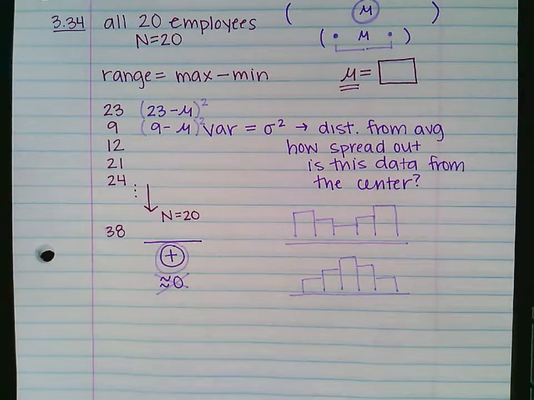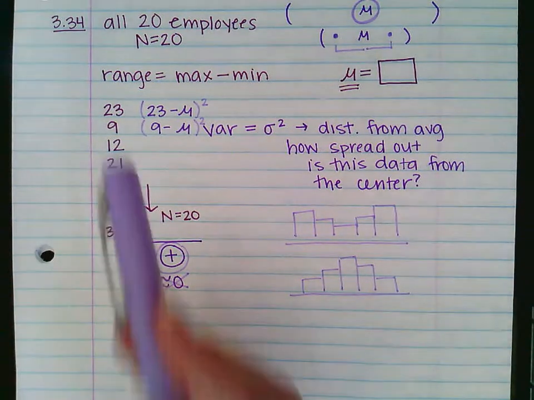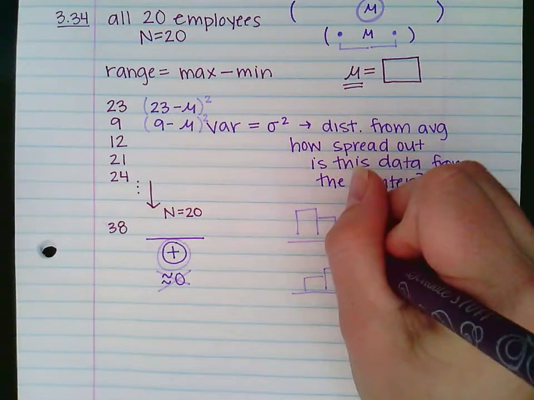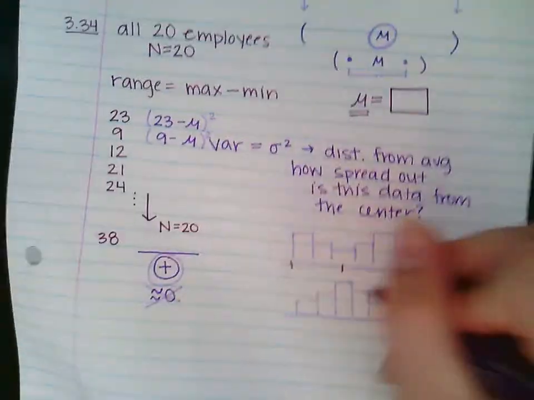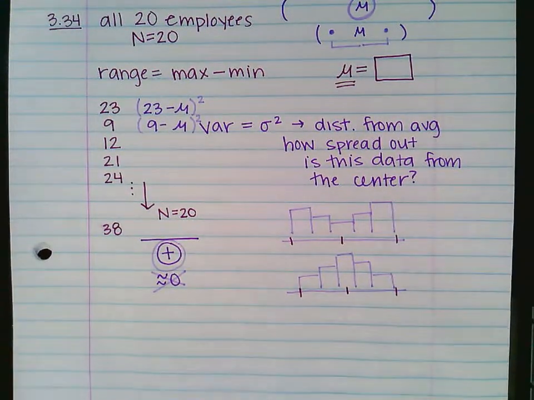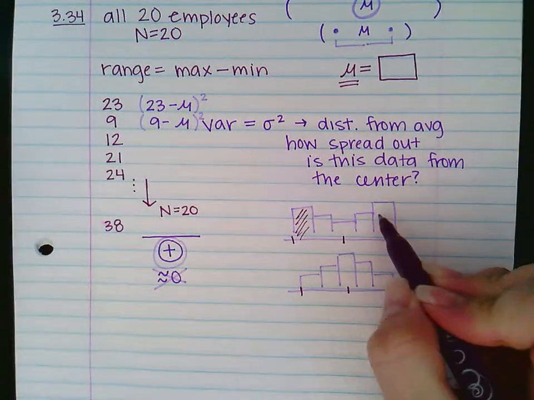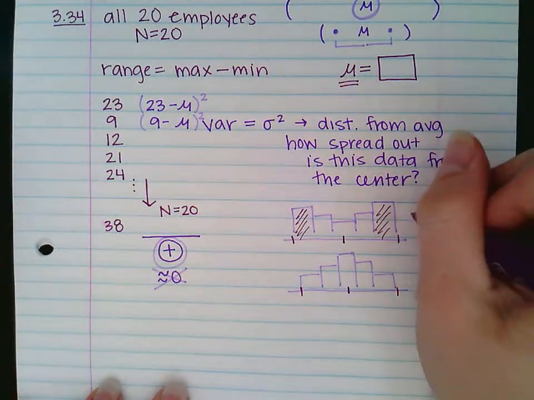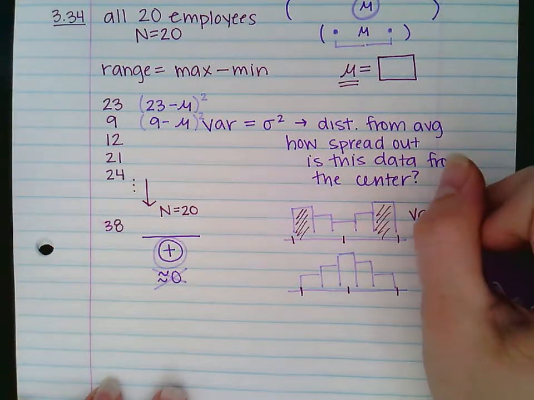The range would actually be, assuming that the number lines and everything are the same, very similar on these. And the means would be very similar, right? Center, range. Center, range. But because there are more data points further from the center, this is going to vary more.